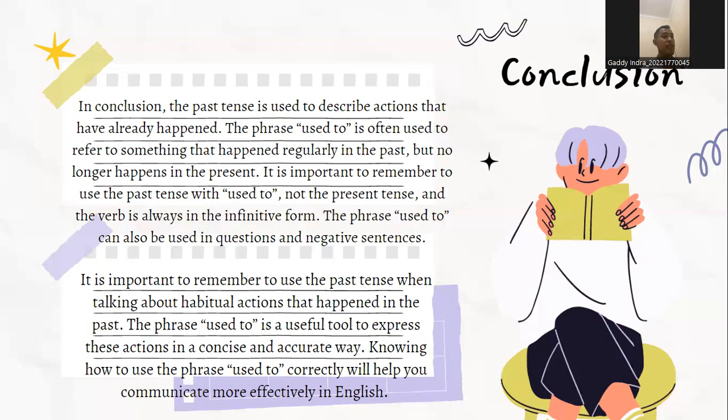It is important to remember to use the past tense with used to, not the present tense, and the verb is always in the infinitive form. The phrase used to can also be used in question and negative sentences. It is important to remember to use the past tense when talking about habitual actions that happened in the past.